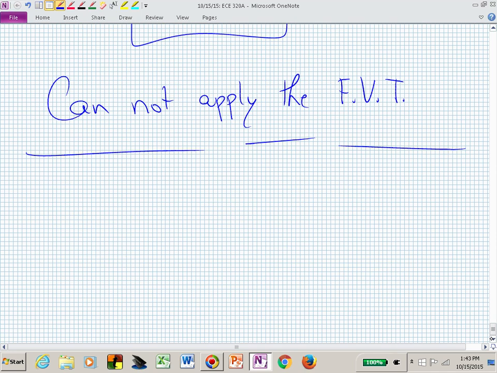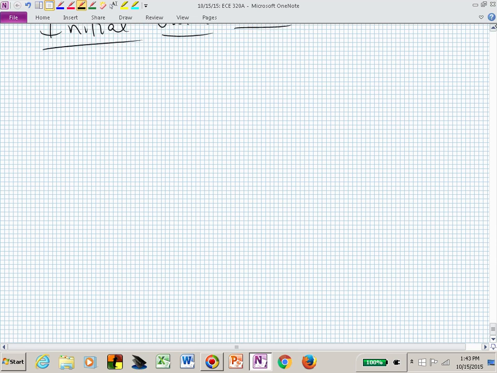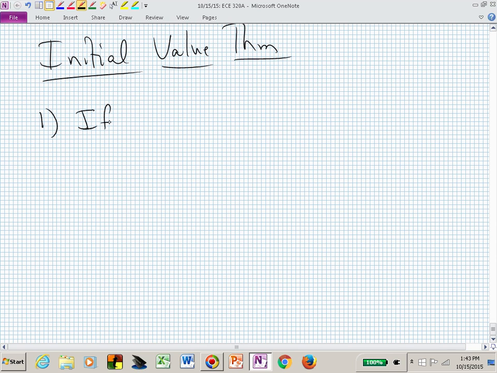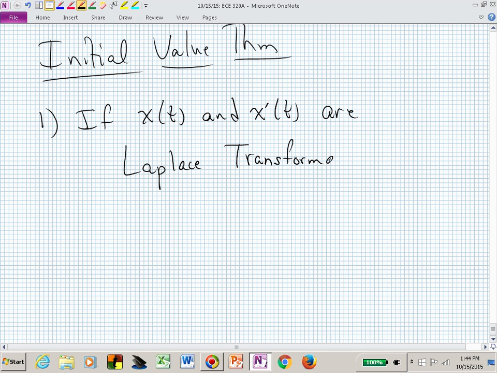Now, I have plenty of time to talk about the initial value theorem. So again, if x of t and its derivative, x prime of t, are Laplace transformable, and now condition 2 is not so difficult.